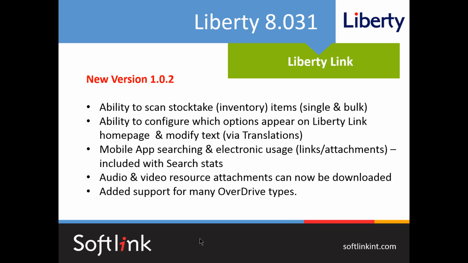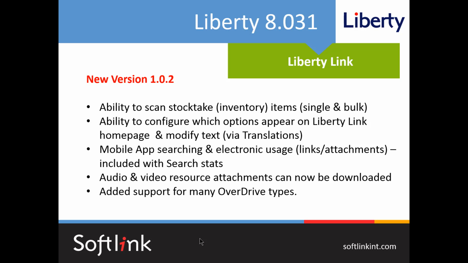You also have the ability to say which of the options that are available for the Liberty Link homepage you want to include and order, and also if you want to modify the text, you can use translations, and those are available there. When your user is searching on the mobile app and doing clickouts or opening attachments, those will all be included in those search stats we were just looking at a moment ago.